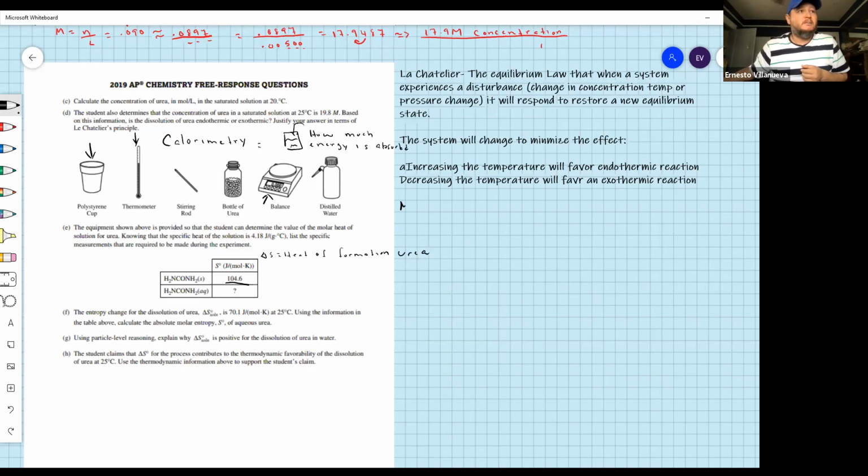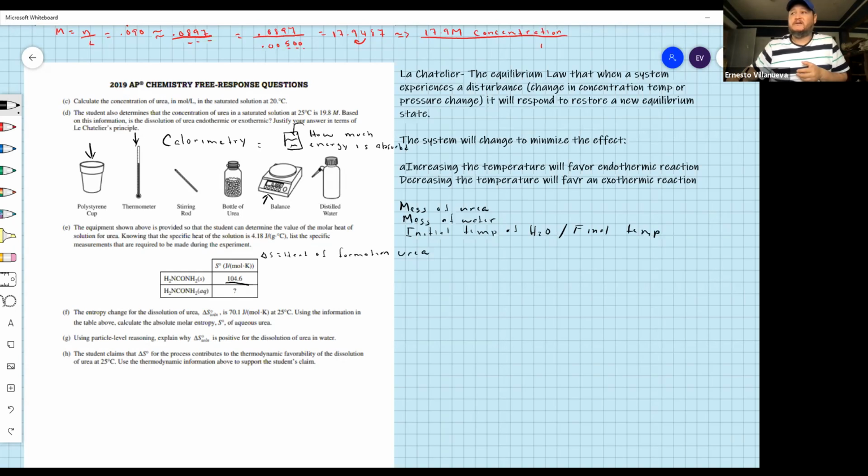So obviously we're going to need the mass of the urea, the mass of the water, because we're going to do the calorimetry, the initial temp of the water and the final temp of the water. See how much energy the water absorbed. It's not asking you to do any calculations here. It's just asking you to set up the experiment.